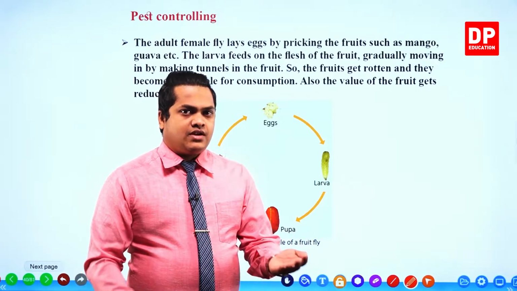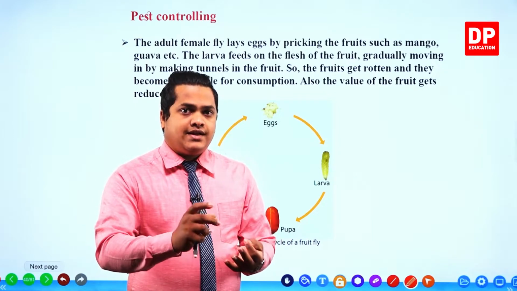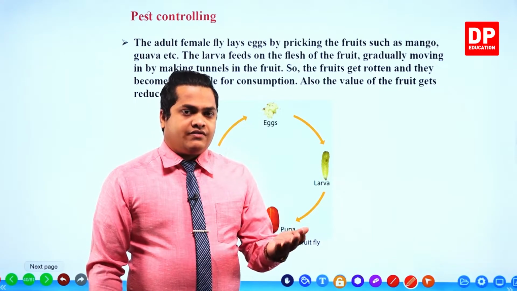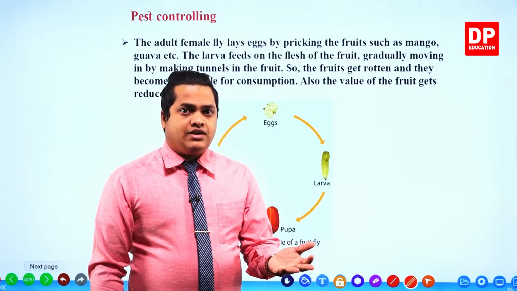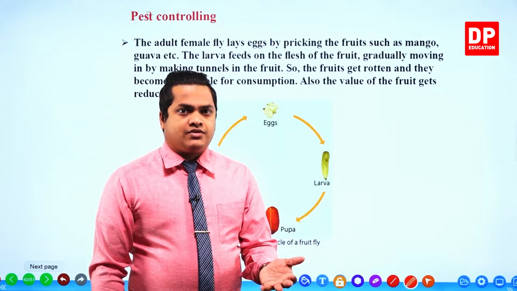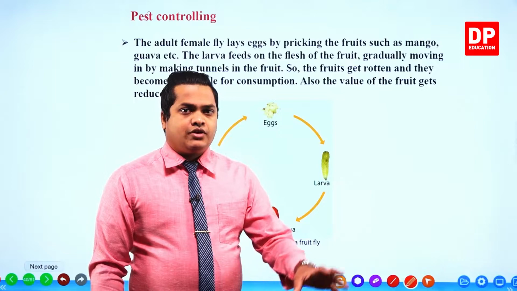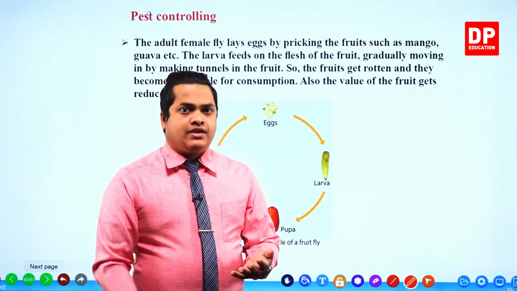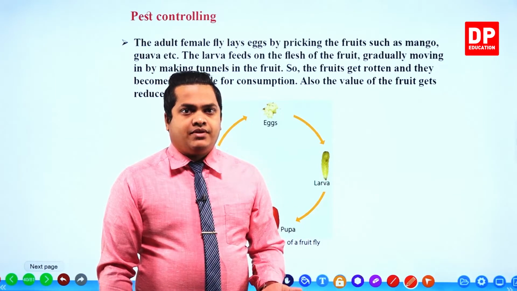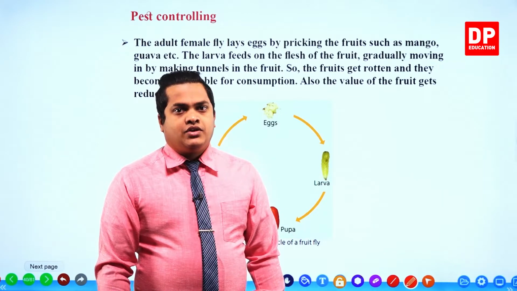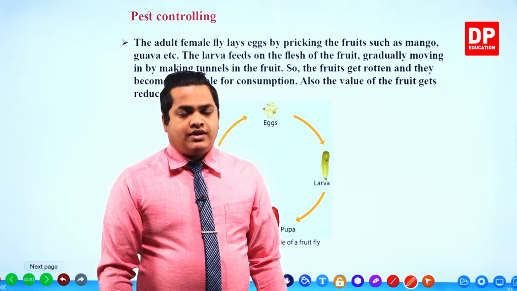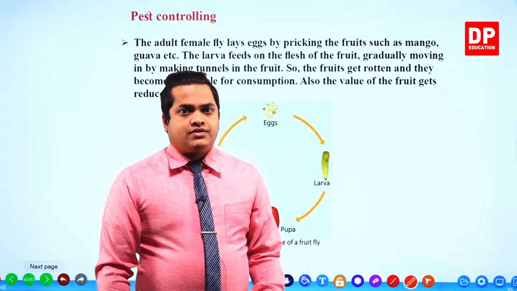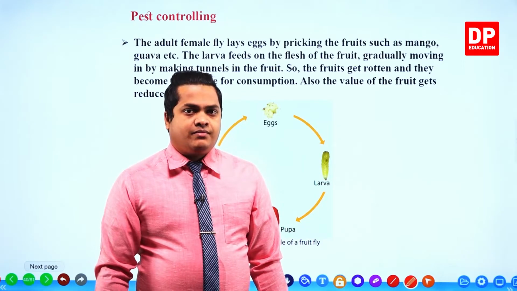So the vendor is going to cut and give you a piece. After looking at the mango, you can clearly observe that there are tunnel-like structures. So you remove it and select another one. Again it gets cut, and again the same thing can be observed. So in that case, you will never buy fruits from that vendor. You will go to a different place.